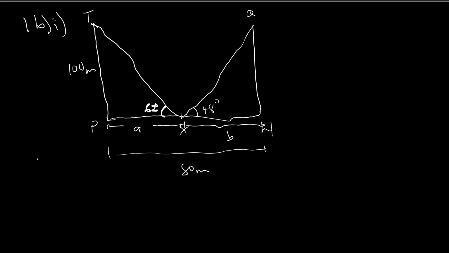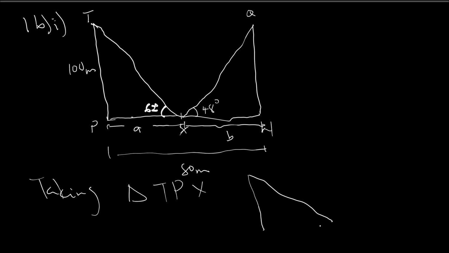So from trigonometry, when we take triangle TPX, which is this, the pole makes an angle of 90 with the ground. And we have 62 degrees.